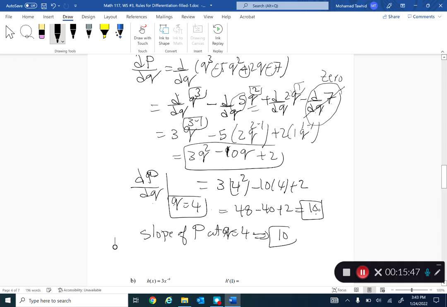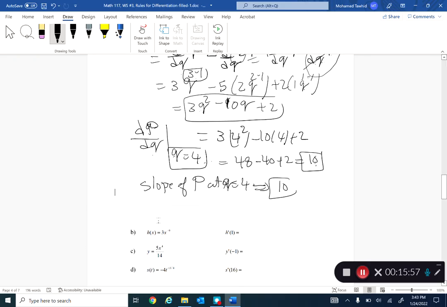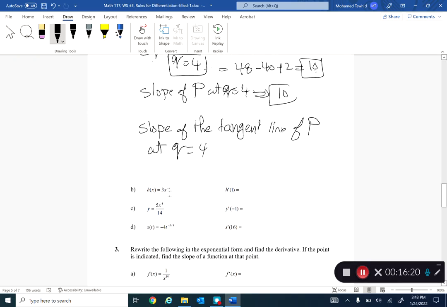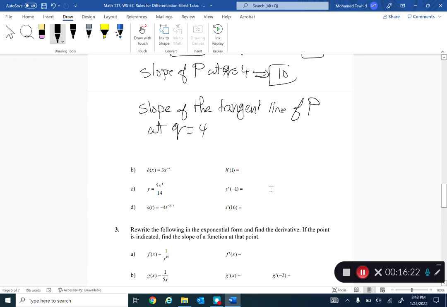So 10 here gives you the slope of your p when q equals 4, or the slope of the tangent line of p when q equals 4. If I ask you to find the slope of the tangent line of p at q equal 4, that is also the derivative. All right, so now let me solve this one here.